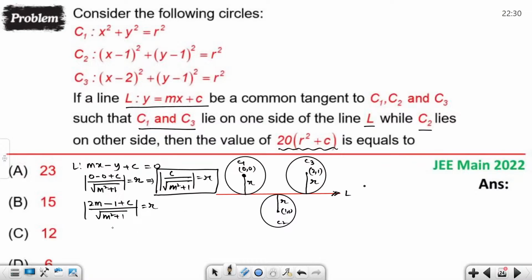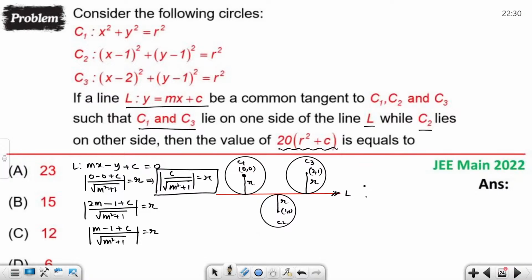And for the circle C2, again the perpendicular distance from the center of the circle C2 on the line L is given by m minus 1 plus c divided by root over of m square plus 1. Again, this is nothing but your r.